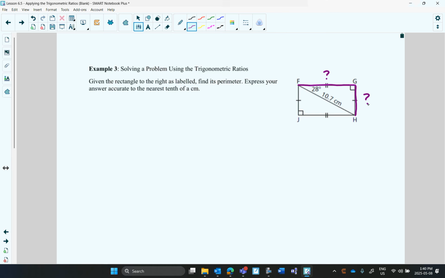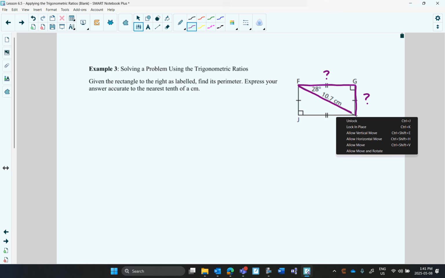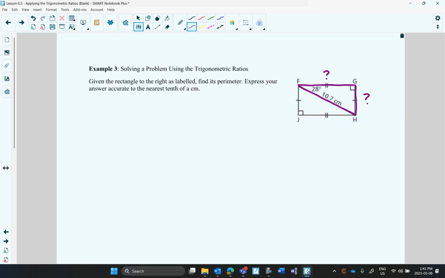This is the angle. Focus on this triangle right here. This right triangle. So GH would be what to 28 degrees? Opposite, which means sine.